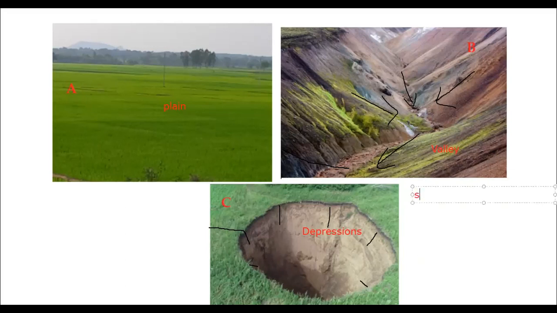So we have sinkholes, or we call them swallow holes if rivers are disappearing through them. We have dolines, we have uvalas, and then we have poljes, all created as a result of carbonation.